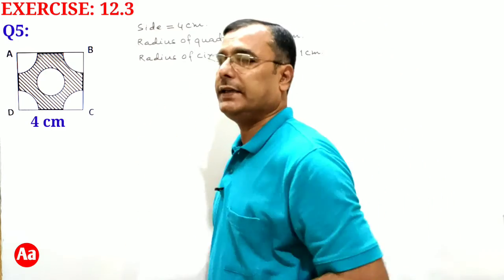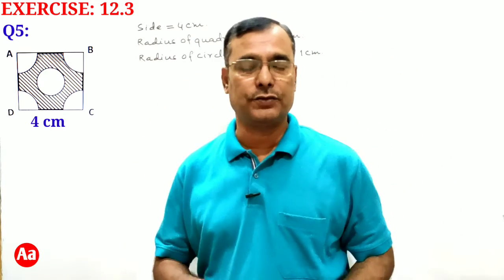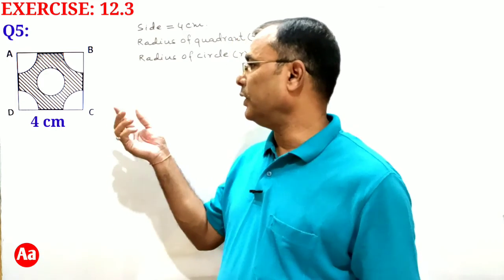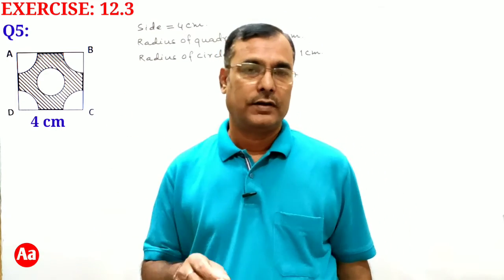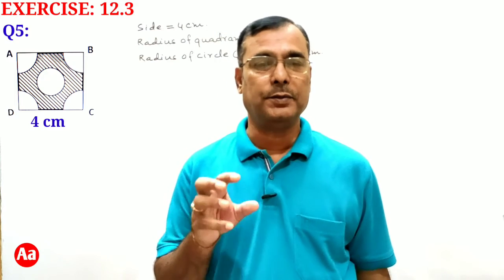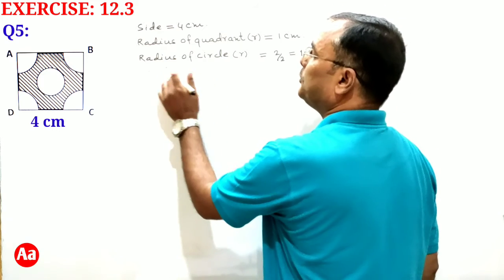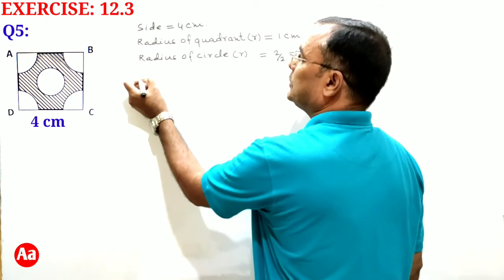So 4 quadrants of radius 1 centimeter are cut from 4 corners, and 1 circle of radius 1 centimeter is cut from the middle of the square. We have to find the area of the remaining portion of the square.